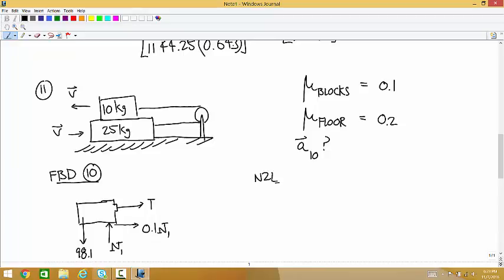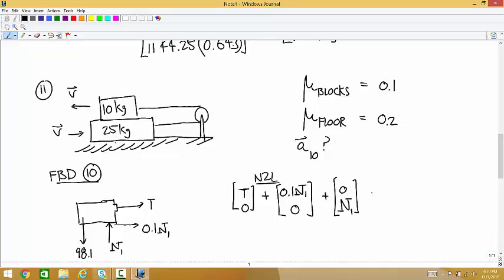Newton's second law, at least the good news with this problem is all the directions are easy. We don't have to use cosine and sine for anything. So T is in the positive x direction. The friction force is in the positive x direction. The normal force is in the positive y direction, like always.